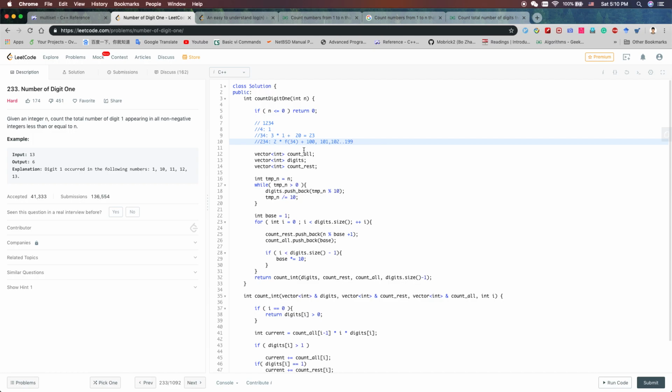So there are in total 100 numbers. Sorry, I made a mistake earlier: from 10 to 19 there are in total 10 numbers. So here it is 13.